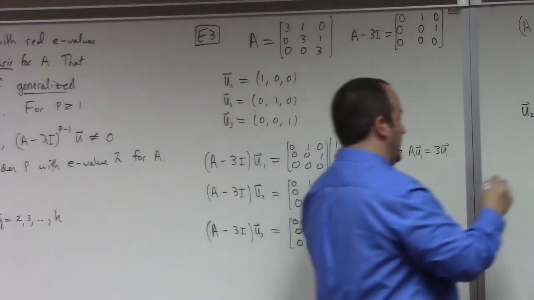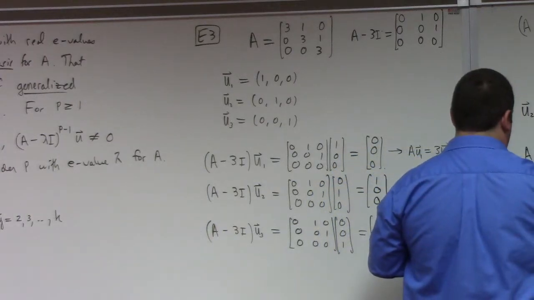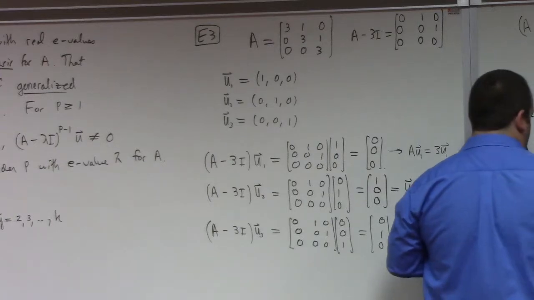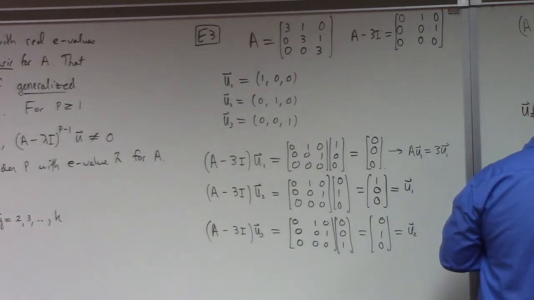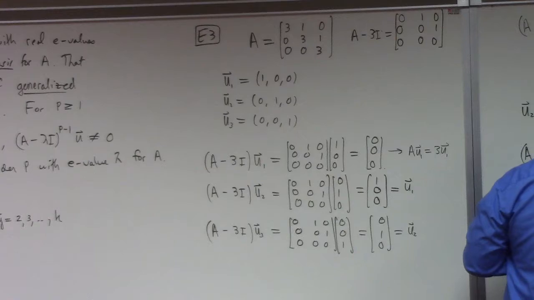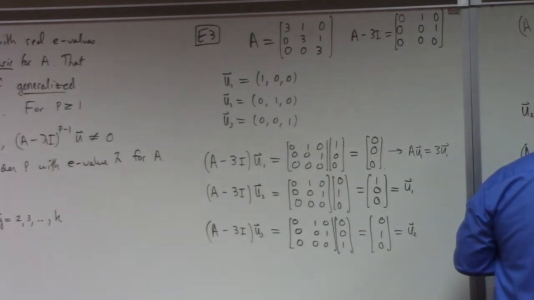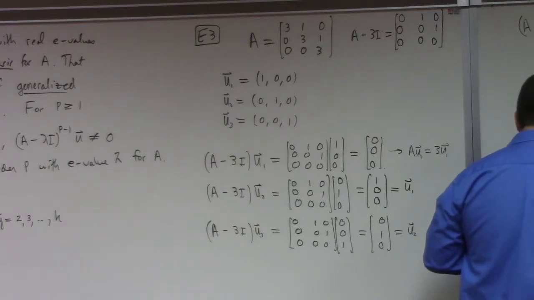How about this U3? What happens if I look at A minus 3I cubed times U3? That gives me A minus 3I squared times U2, which gives me A minus 3I times U1, which gives me 0 again.